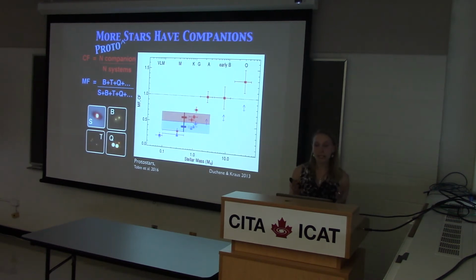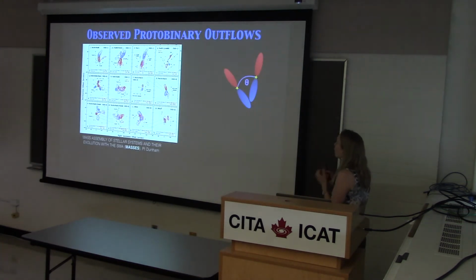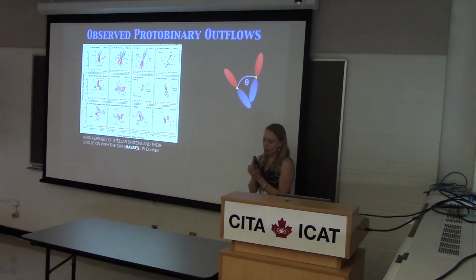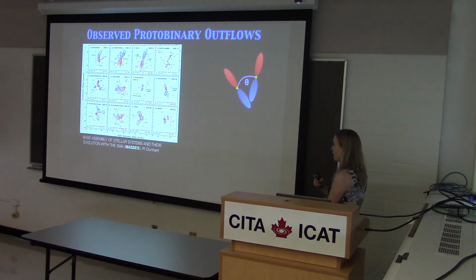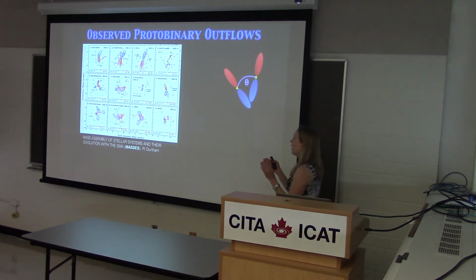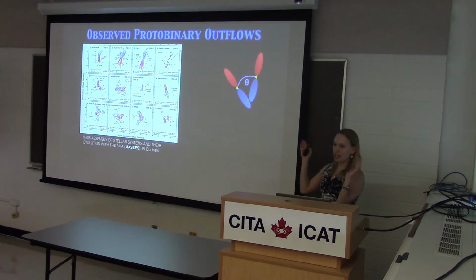What he finds is that multiple systems are even more common for younger protostars. Another survey done in Perseus was the MASSES survey with the SMA, led by Mike Dunham. They took all of the wide binaries detected in Perseus and looked at the orientation of the outflows.